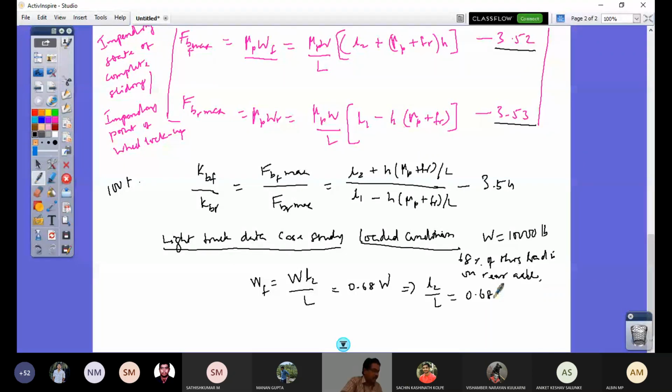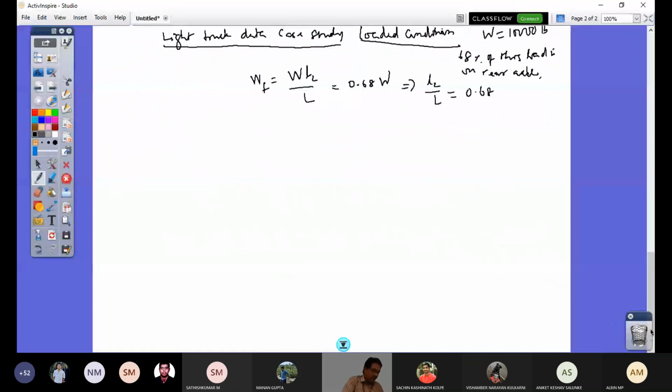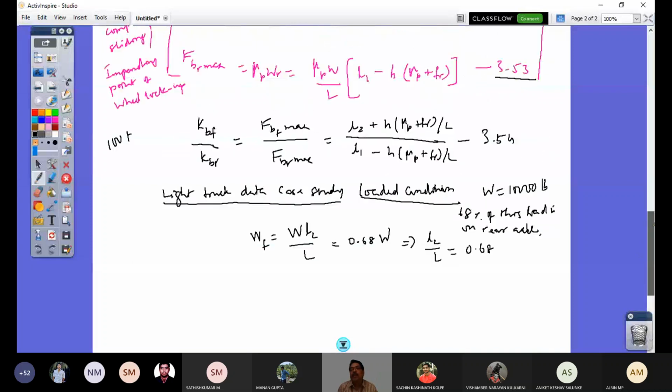Just a minute. In the example problem, is it on the rear axle or on the front axle? Let me check: 68% of the static load on the rear axle. So if it is on the rear axle, WF is L2 by L. So this is not 0.68, this is 0.32, right? 32%, because this is the front axle load.